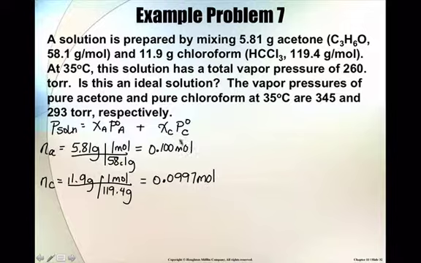And that's really all I need because everything else was given in the problem. I'm just going to plug and chug. So the pressure of my solution is equal to, looking at acetone first, 0.100 moles of acetone divided by the total, which if I add both those moles up, I get 0.1997. And then up here they told me that acetone's vapor pressure, if it's pure, is 345 torr.